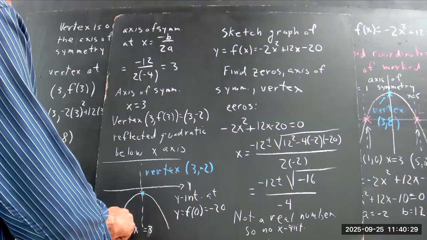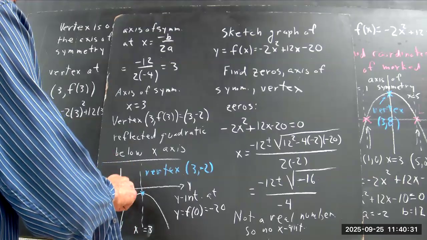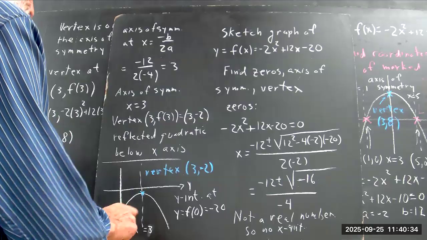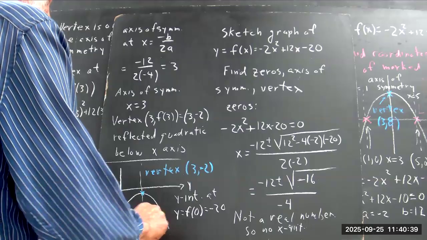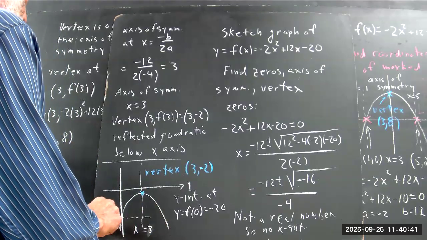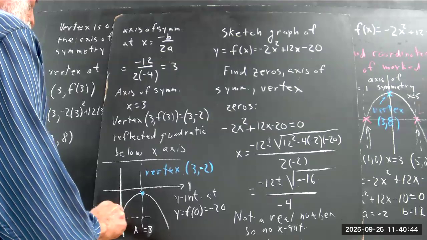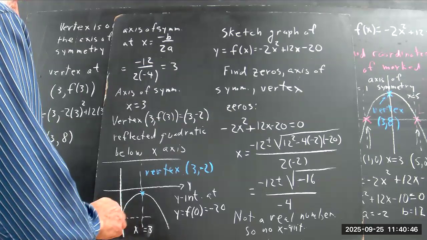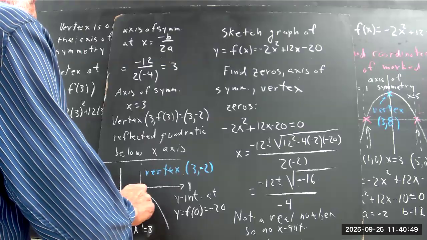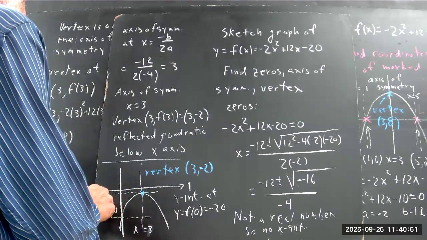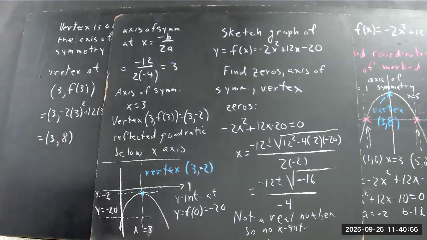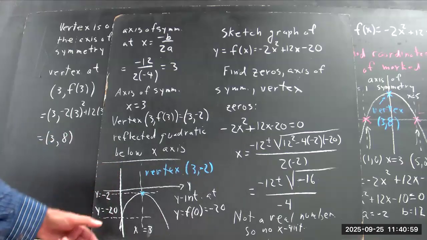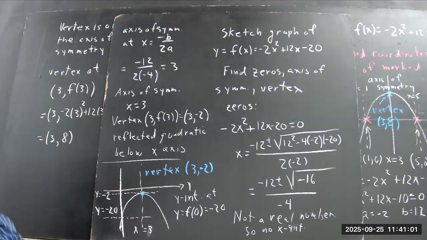I actually didn't draw the graph quite accurately, but we can kind of suspend our disbelief again and say that, okay, this is y equals -20, whereas this line here is y equals -2. Really, -20 should be much lower than that, but I didn't leave myself enough room to do that.